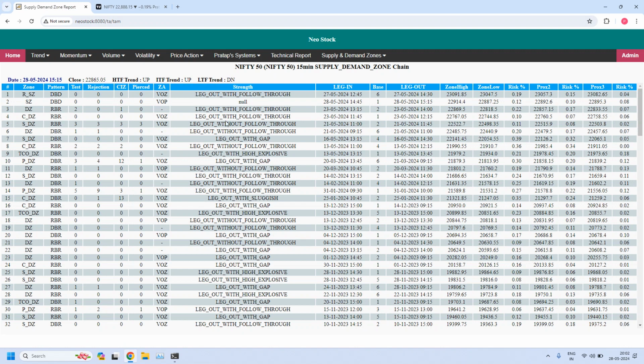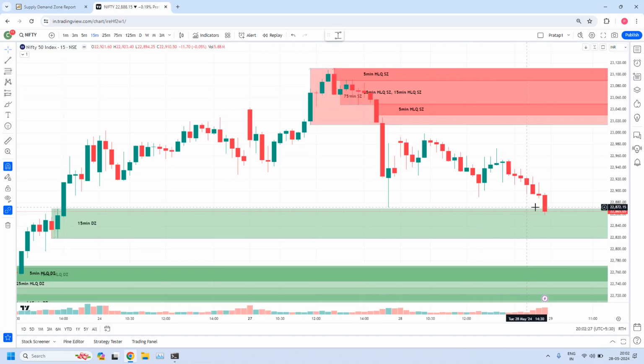Because the 15 minutes trend is a downtrend, the bearish trade setups are enabled from an intraday point of view. Intraday you take a trade on the 5 minutes time frame, but you are using the 15 minutes trend. Sometimes 15 minutes zone confluence may give you good short opportunities, but at the same time you should also remember there is a 15 minutes demand zone here.